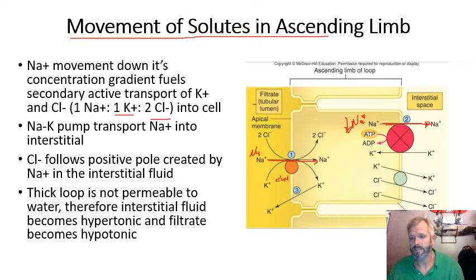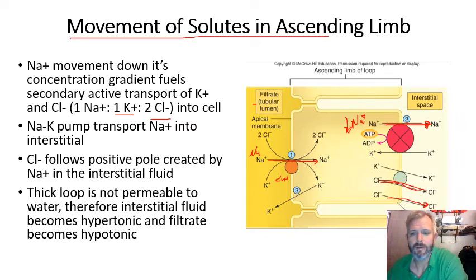Our sodium potassium pump here on the basal side of this epithelial cell. As sodium is pumped in, that brings in potassium, and that's why we have to use secondary active transport. But as sodium is moved through, chloride is going to passively move through, or use facilitated diffusion there.